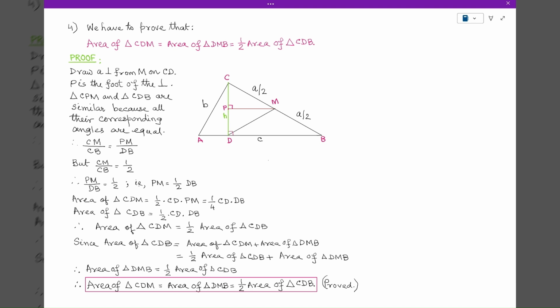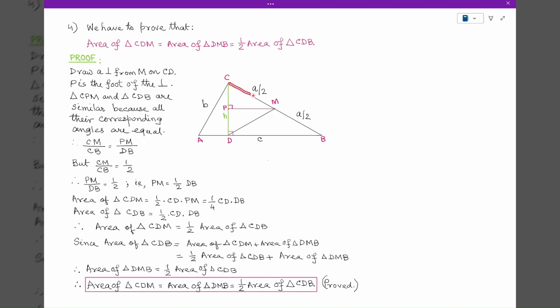And when two triangles are similar, the sides are in proportion. For example, CM by CB is equal to PM by DB.